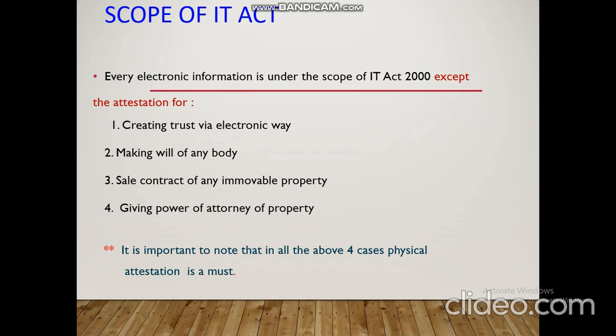So every electronic information is under the scope of the IT Act 2000 except the attestation for creating a trust via electronic way, making a will for anybody, a sale contract for any immovable property, and giving power of attorney of property, or a trust as defined in section 3 of the Indian Trusts Act. So these are the scopes of this act.